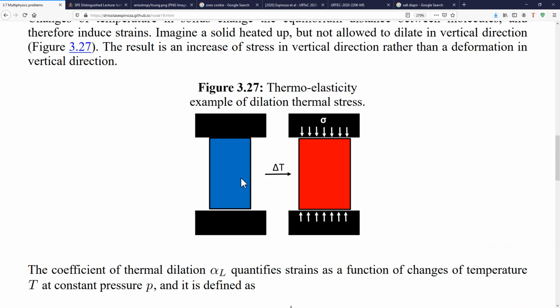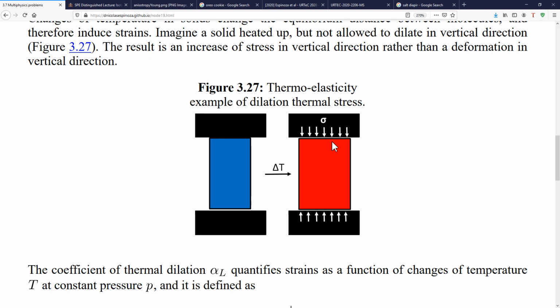Imagine that now you have a solid that is not allowed to deform in the vertical direction. If you heat it up, because it's not allowed to expand in the vertical direction, instead of dilating, it's going to develop a thermal stress, as long as the bottom and top boundaries are not moving.